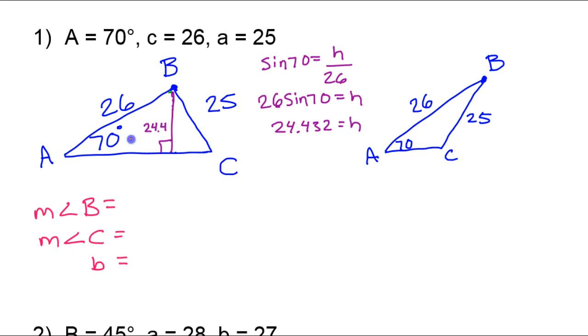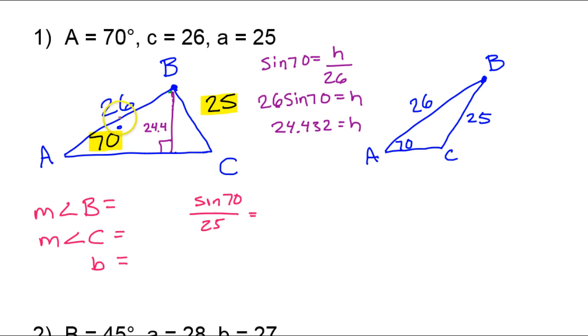Okay, well, what do we have? I see the 70 and I see the 25. Alright, we have an angle and the opposite side. So we will set up our law of sines like you do. We will say the sine of 70 over 25 is equal to other stuff.